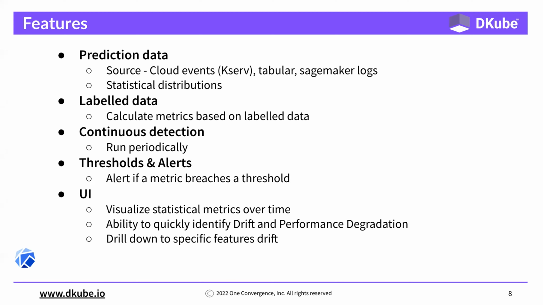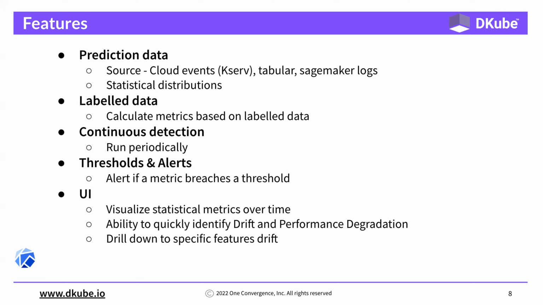You need to be able to grab that information, and also if it's a custom deployment, they may provide the inputs to the model in a tabular format, like in a CSV file, or if the model is somewhere else on SageMaker, SageMaker has a particular way of logging called SageMaker logs. One needs to be able to interpret those.